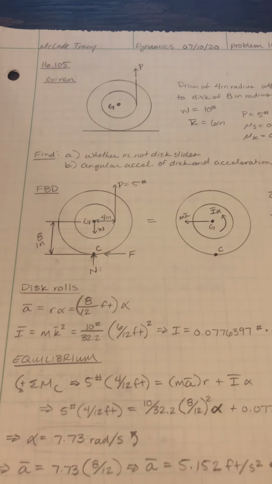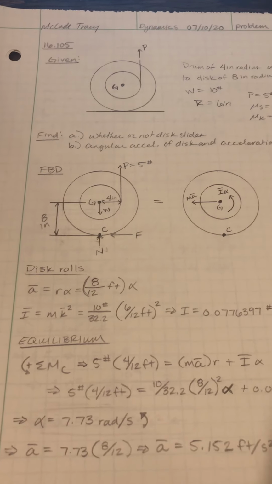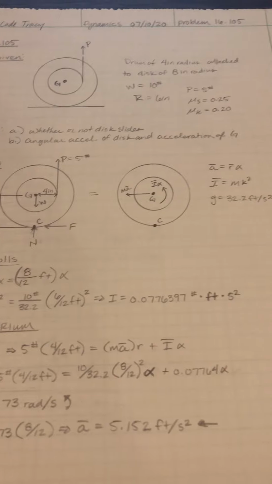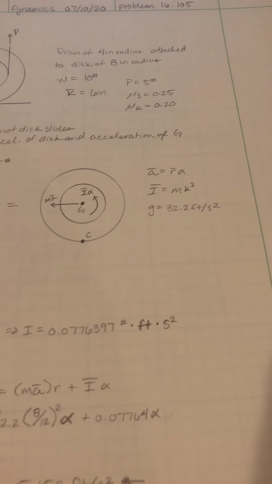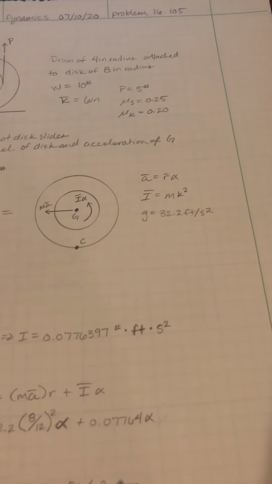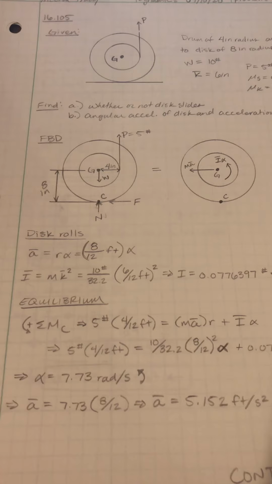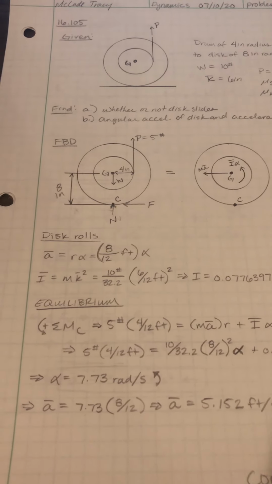So again, free body diagrams, as we've been doing before. We have a contact point C. As the disk rolls, the acceleration is equal to the radius times alpha.